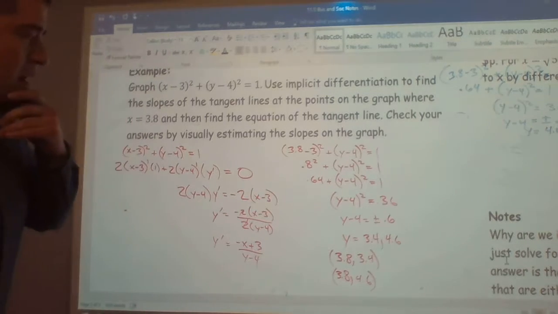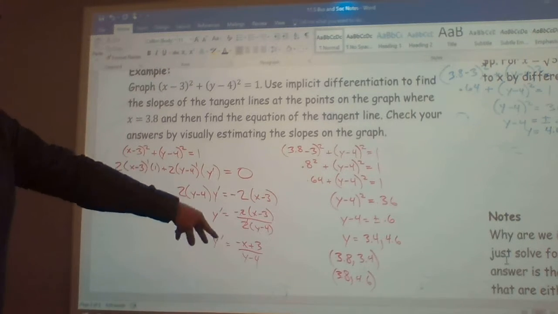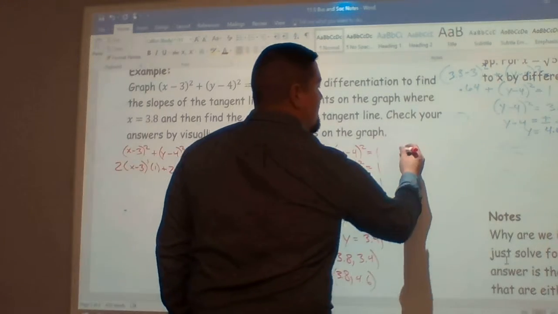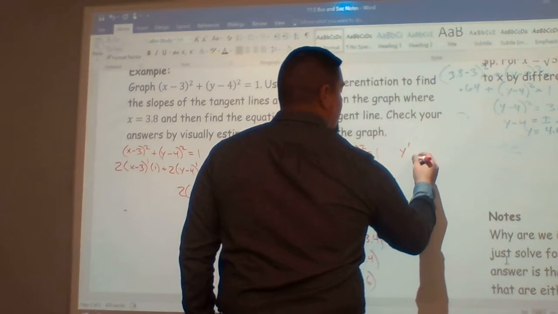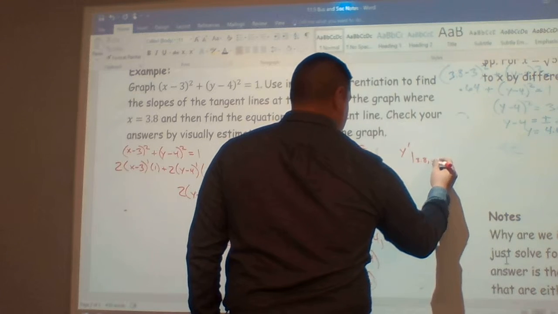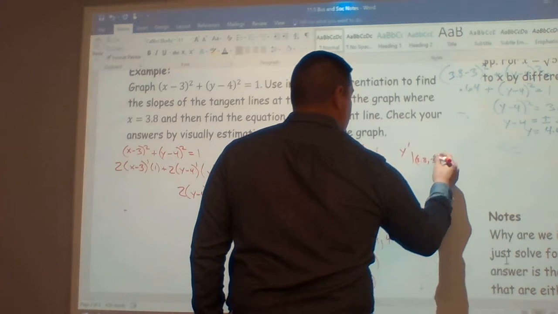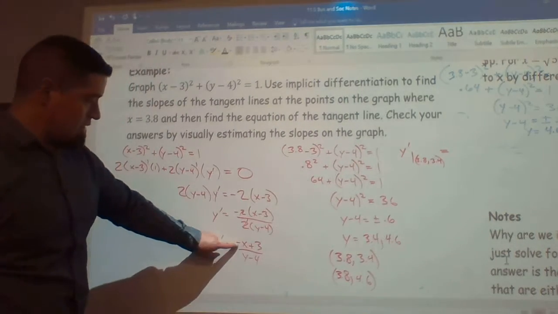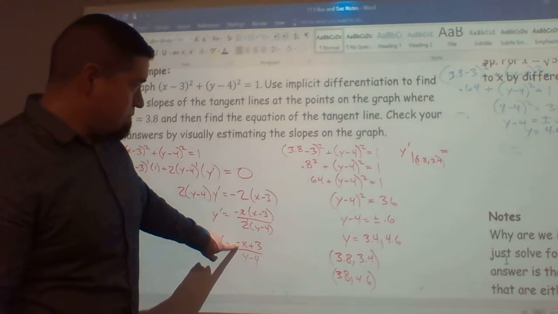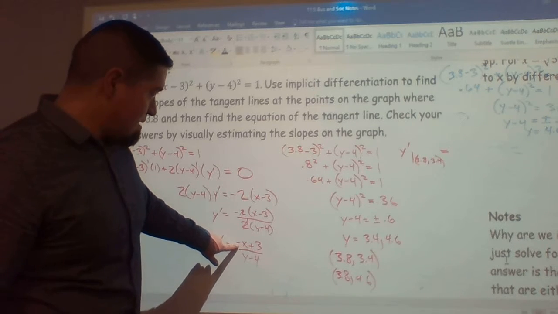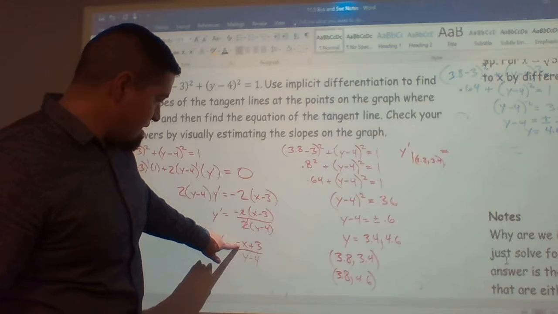From here, we can do what we did on the previous problem, which was evaluate. So we're going to evaluate y prime at 3.8 comma 3.4. And all that means is plug 3.8 and 3.4 into here. When I left class, I think I might have had some miscalculations, but you can correct it here.